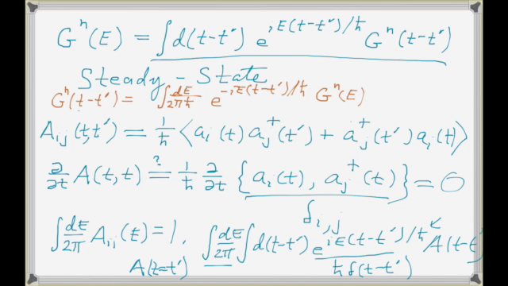Right, that would be going the other way from energy to time. And so if you look at this expression here, when t equals t prime, that's just the integral over all energy in the energy domain, right?